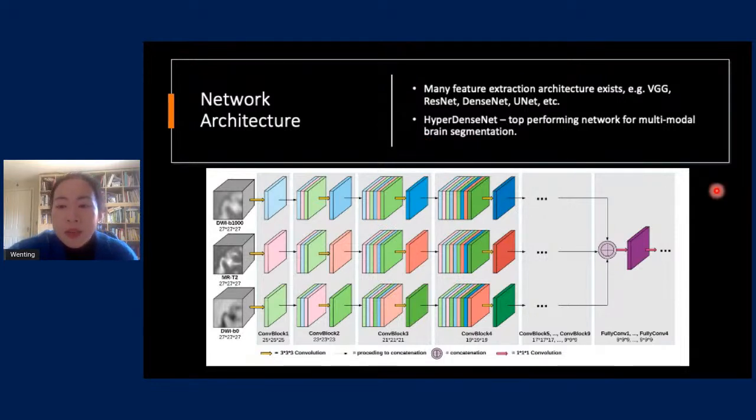HyperDenseNet was developed recently, and it extends DenseNet so that the dense connection not only exists in the layers of the same modality, but also between the modalities.